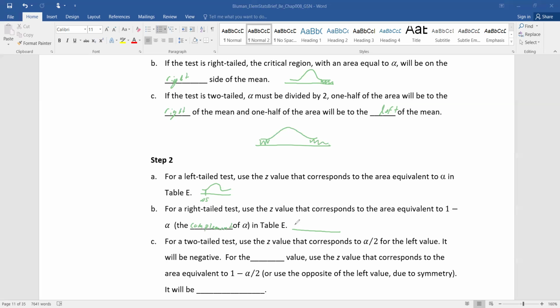But over here, if I'm looking at a right tail test and I want it to be 0.05, I need to do 1 minus that to get the 0.95 to get the correct value there. So that's why you have to do 1 minus that.